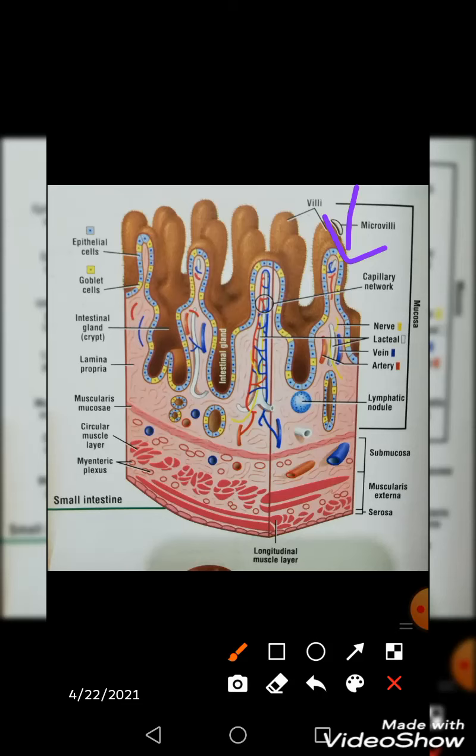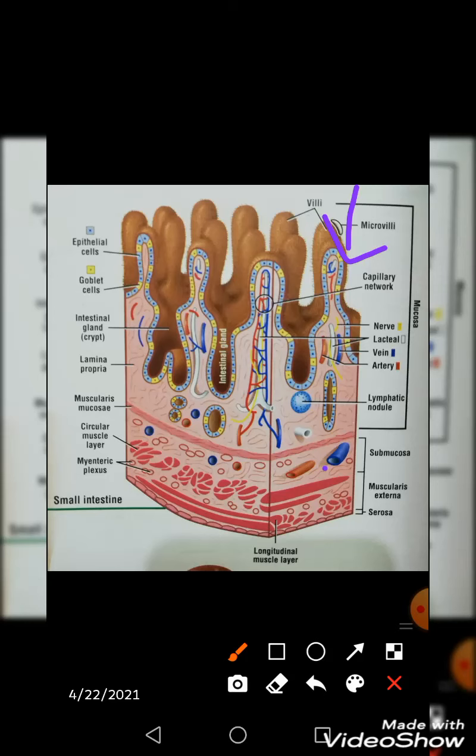These microvilli are present on the enterocytes, or surface epithelial cells, which are simple columnar, and they possess the microvilli on their apical surface. They also increase the surface area by a factor of about 20, and we will visualize them under the microscope. So it is a microscopic modification.